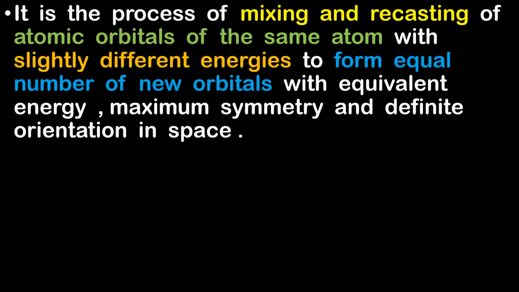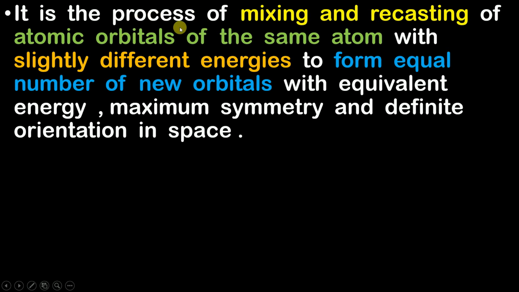And guys, now at the end of the video, I feel it is the right time to define what hybridization is. So here comes the definition of hybridization. Let us understand this definition. Basically, hybridization is a process which I have already told you about.